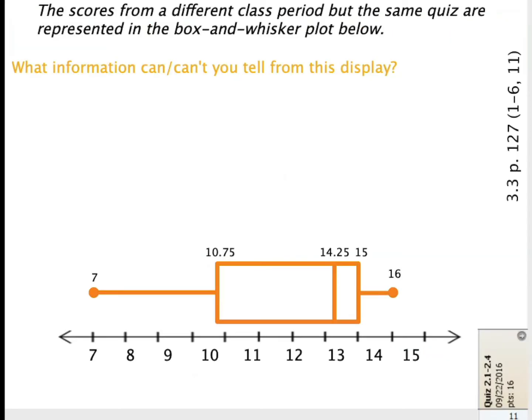This is another class period's worth of geometry scores, and I just want to think about what we can see, what we can tell from this Box-and-Whisker plot. First of all, can you tell me in which of these spots most of the people landed?